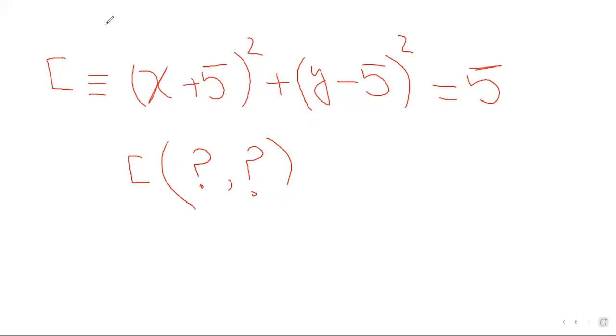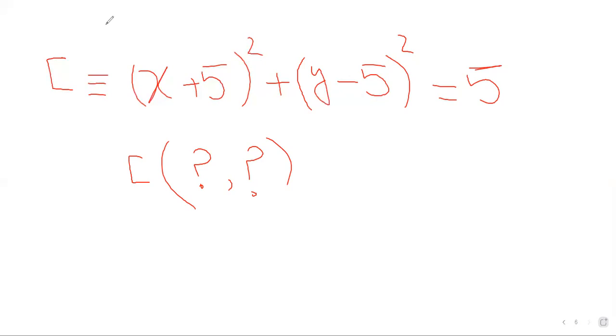I'm just writing this out to make sure I have it down right. x plus 5 squared, and y minus 5, that's right, and then that's squared, equal to 5.